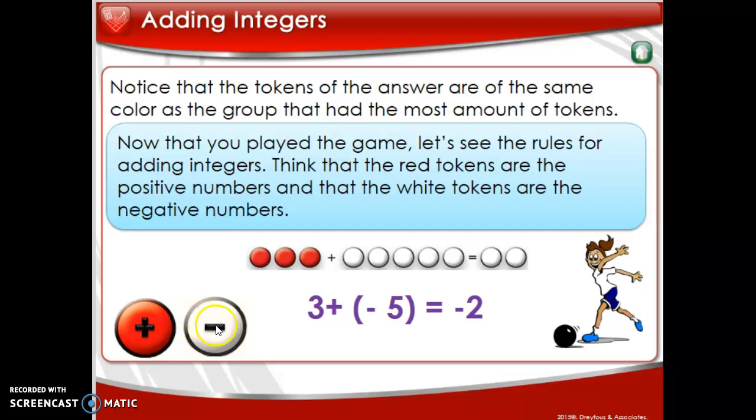We have 3 positive plus 5 negative. 3 plus negative 5 equals negative 2, because this has more. Okay, you put the negative.